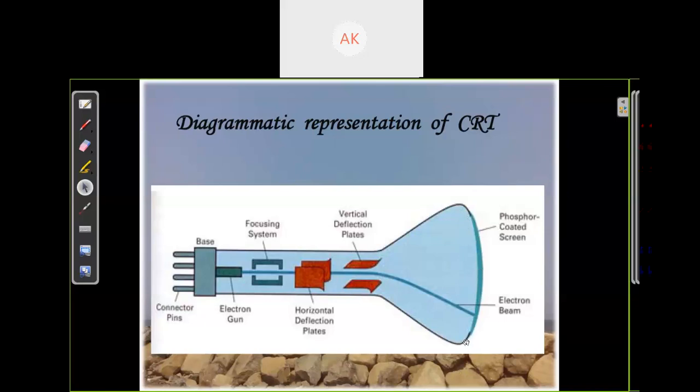Because the light emitted by the phosphorus fades rapidly, for maintaining a persistent display on the screen we have to redraw the image. To keep the phosphorus glowing, we redraw the picture rapidly by quickly redirecting the electron beam on the screen. It's called refresh CRT.